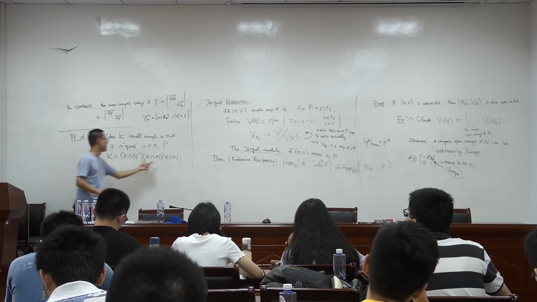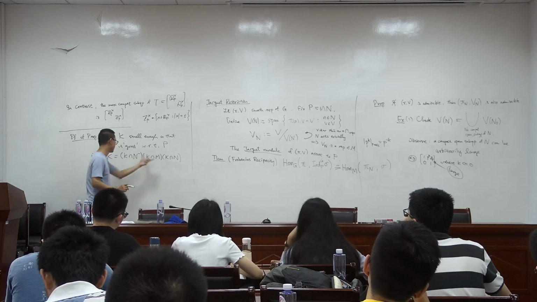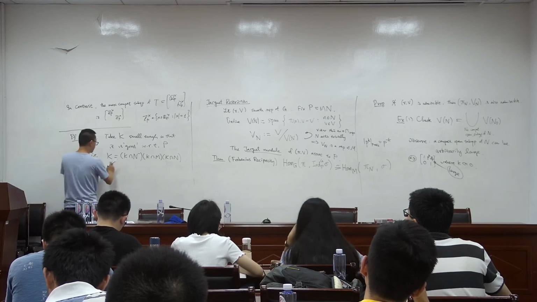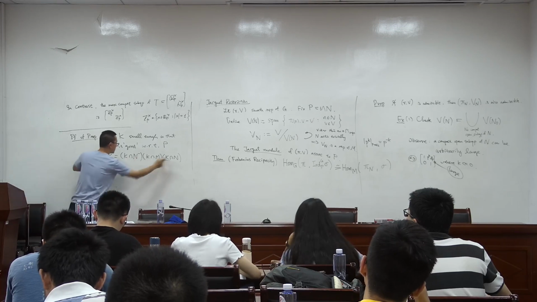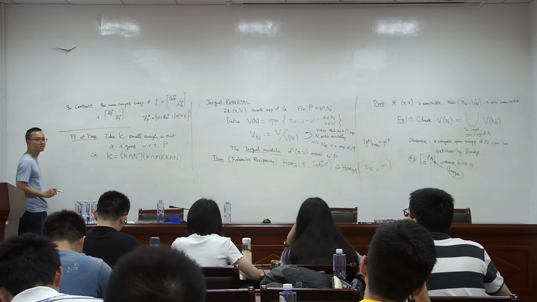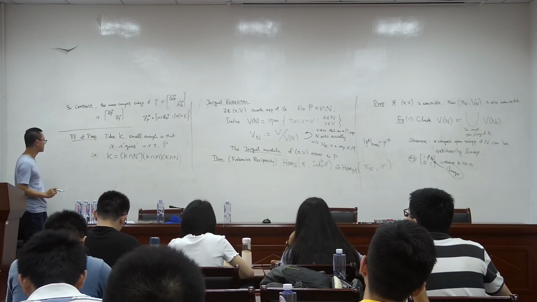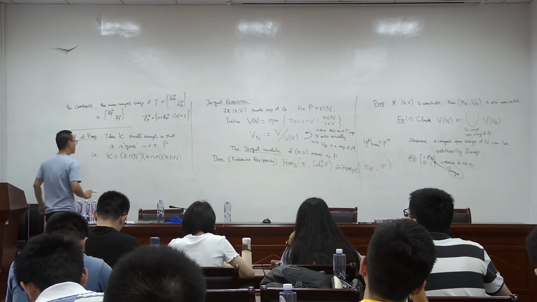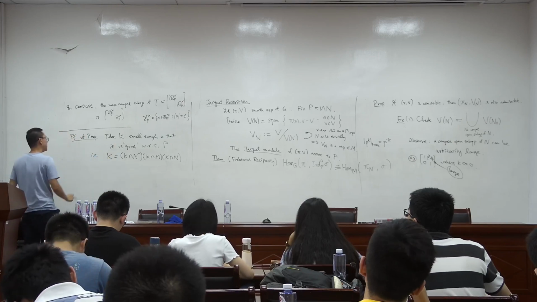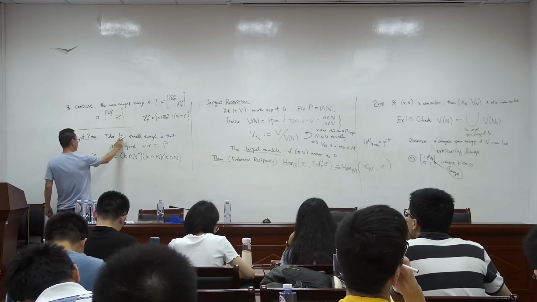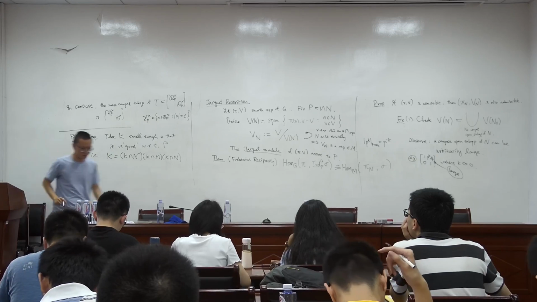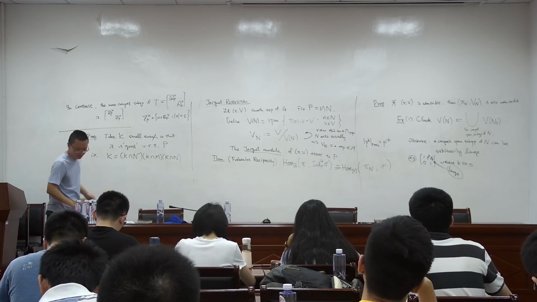The order doesn't matter, you can shuffle the order however you like. The point is K can be decomposed into a triple product. You need to take K small enough to achieve this. If P is not good, you can take a smaller one so that it is good.